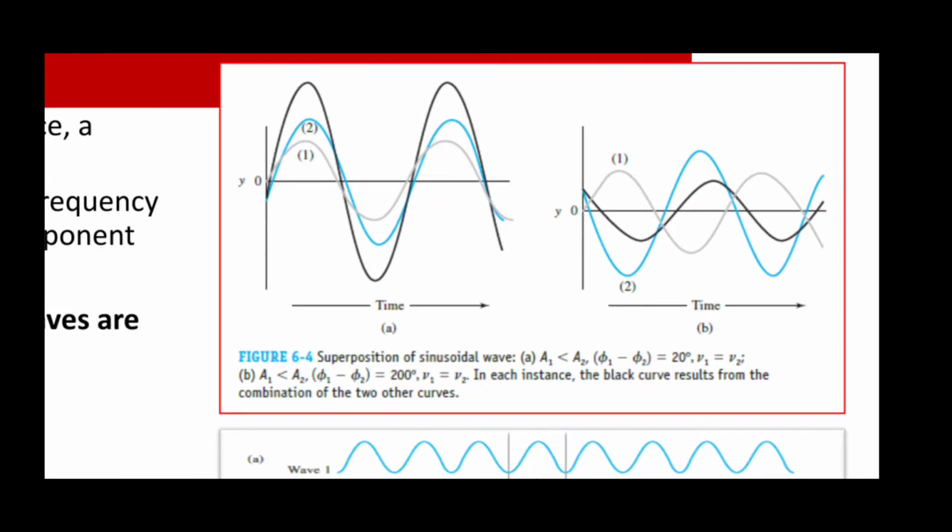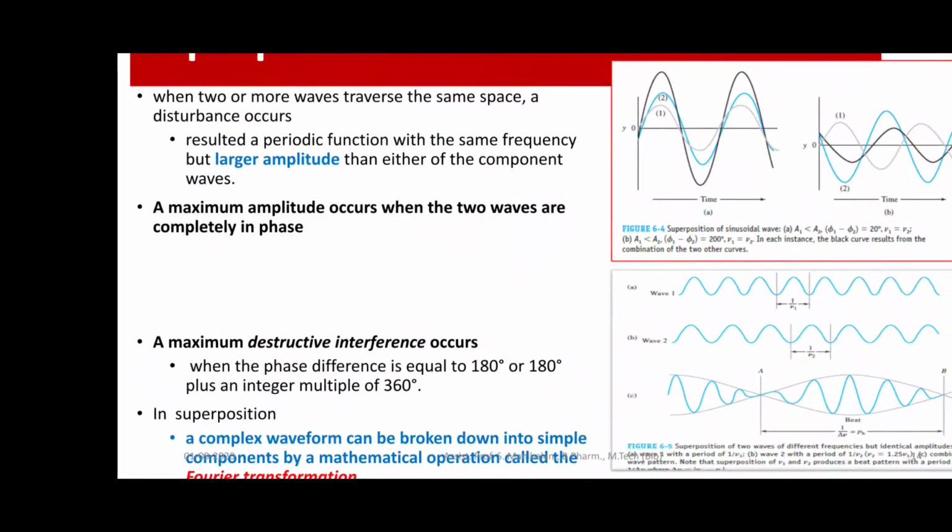This is called constructive amplification. The maximum amplitude occurs when the two waves are completely in phase. That's why we see in the graph zero, above zero, positive, negative. When the maxima and minima are completely in phase in the time period, it will give you the amplification.